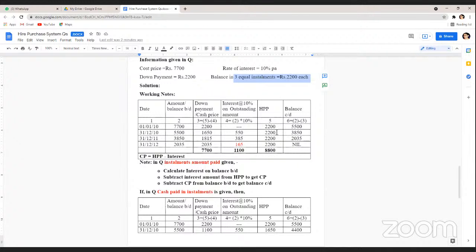Once you notice and know how this is to be calculated, children, I'll explain in a simple way. You want to buy a bike for yourself which costs around 70,000, right? You approached the showroom. The showroom person said either you pay the total 70,000 and take it away.